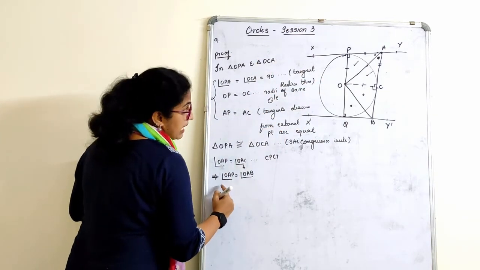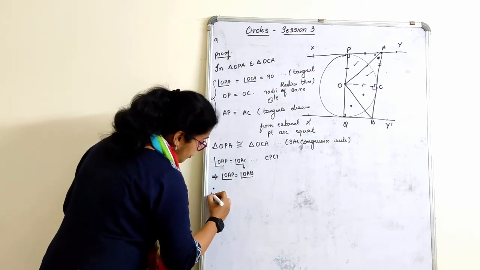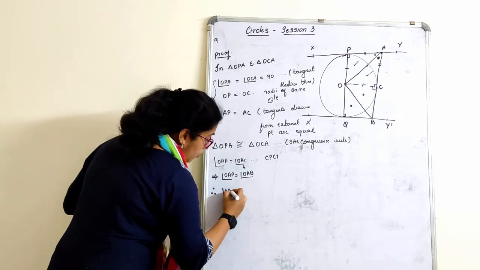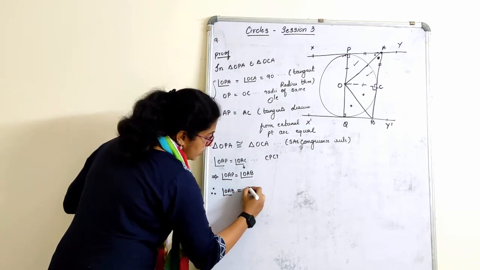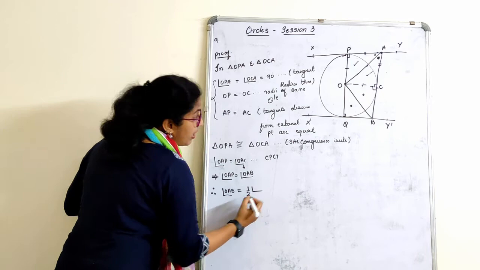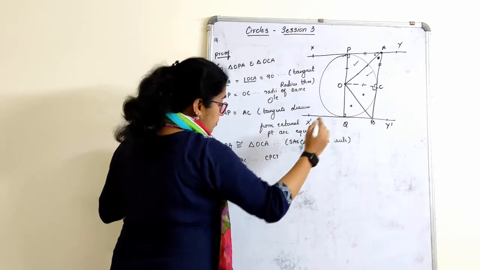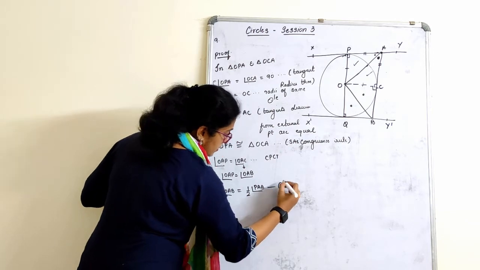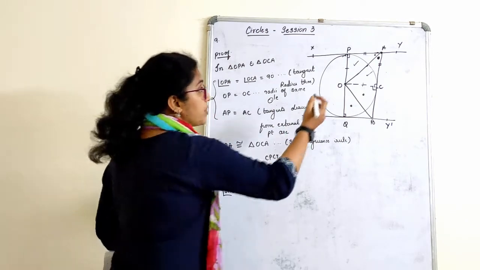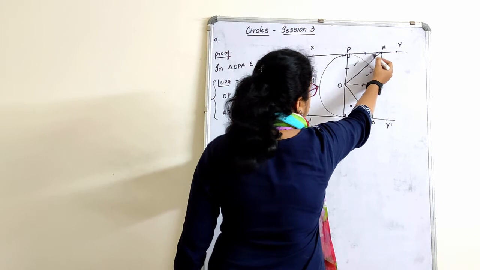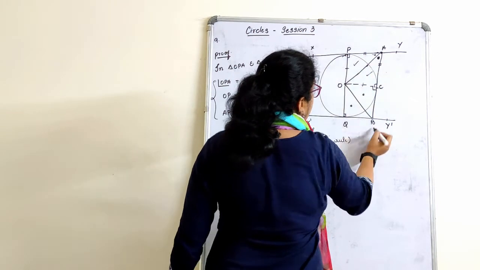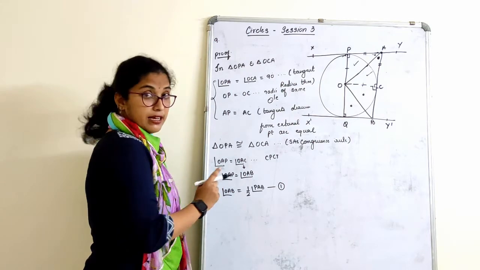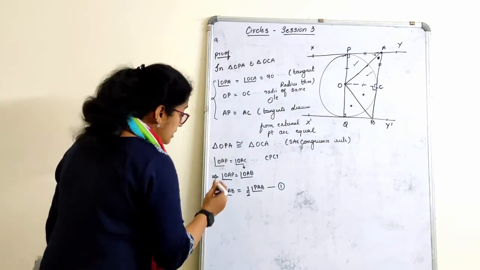Further, from this I can assume that, therefore, angle OAB is equal to half angle PAB. Equation 1. Very clear? These two are bisectors. They are equal now. The whole angle is nothing but half of this angle. I can also write it in that manner. I have written it as equation 1.